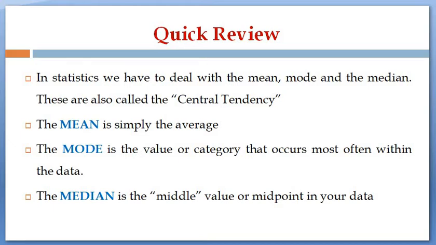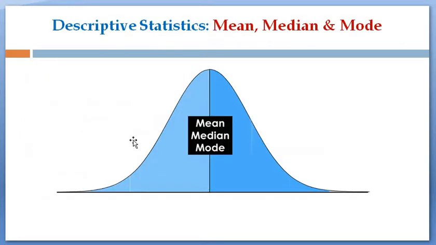The median is the middle value or the midpoint in your data set. When we plot the mean, mode and median, we get a bell-shaped curve, and univariate analysis means the peak value is not crowded and there is only one peak value.